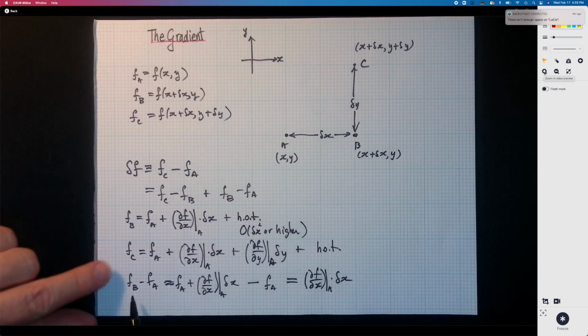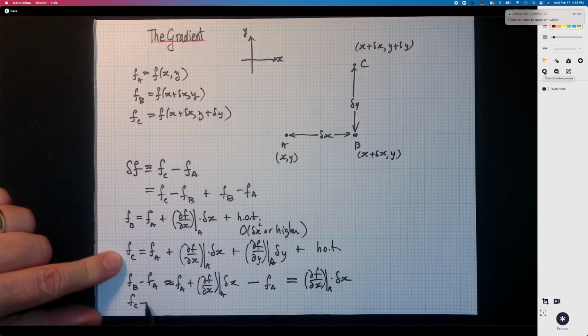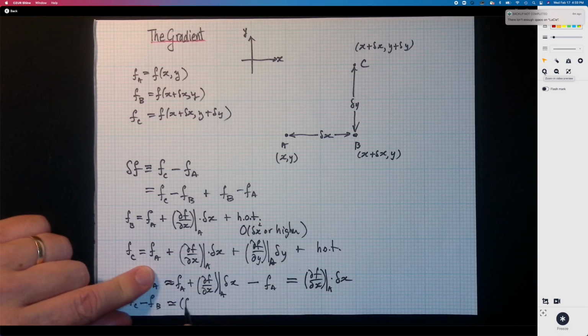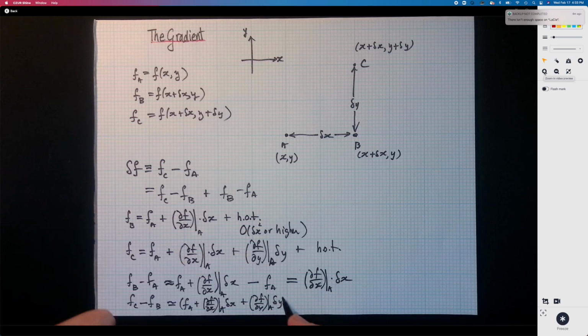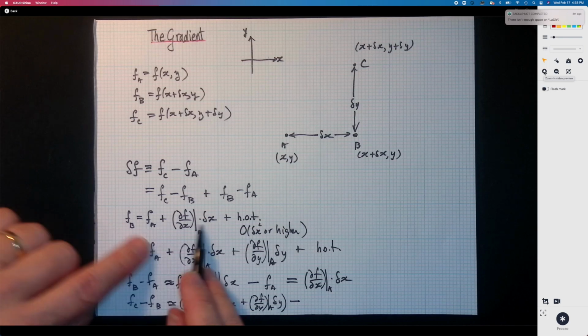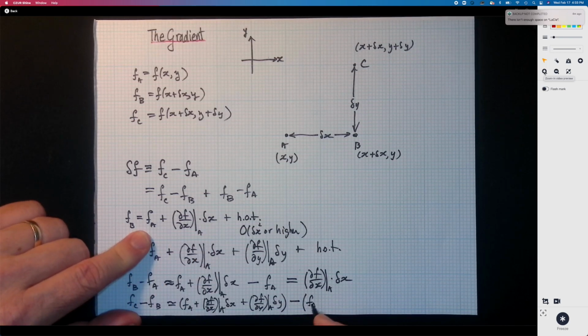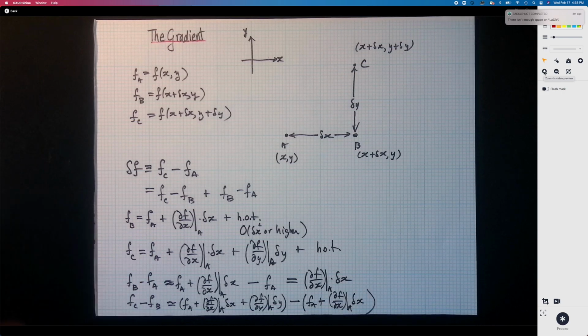And I will do the same thing for f at C minus f at B. That will be this expression, f at A plus partial f partial x at A delta x plus partial f partial y at A delta y, plus higher order terms, minus f at B, which I have over here in terms of this expansion, f at A plus partial f partial x at A delta x plus the higher order terms.